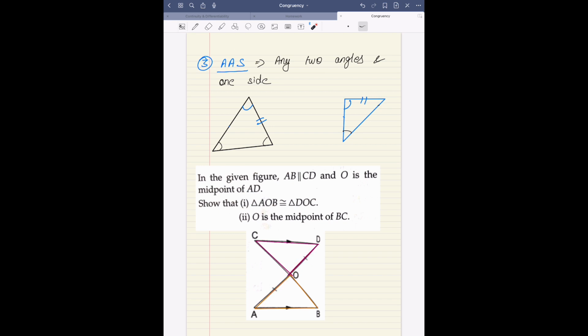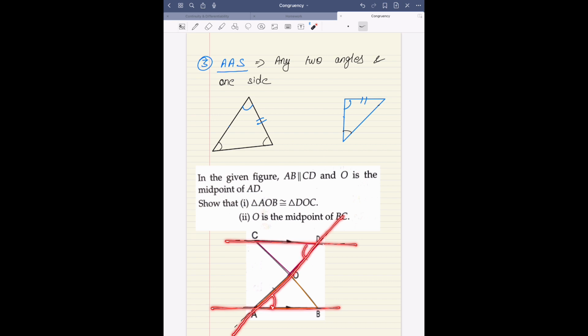What about angles? None of the angles are given equal. No problem. I am gonna remind you about lines and angles. What are these? These are parallel lines. So extend it, right? You remember you used to see a figure like this. Extend this, extend this. If you remember parallel lines and transversal concept, these two angles are what?